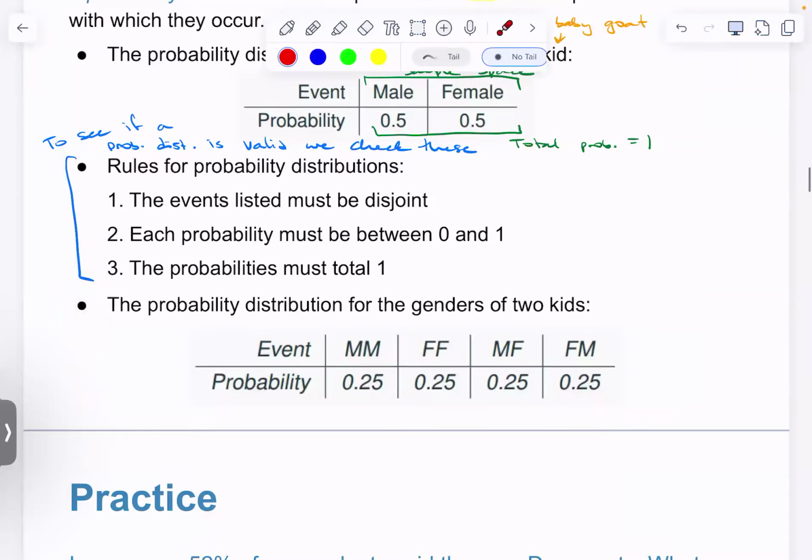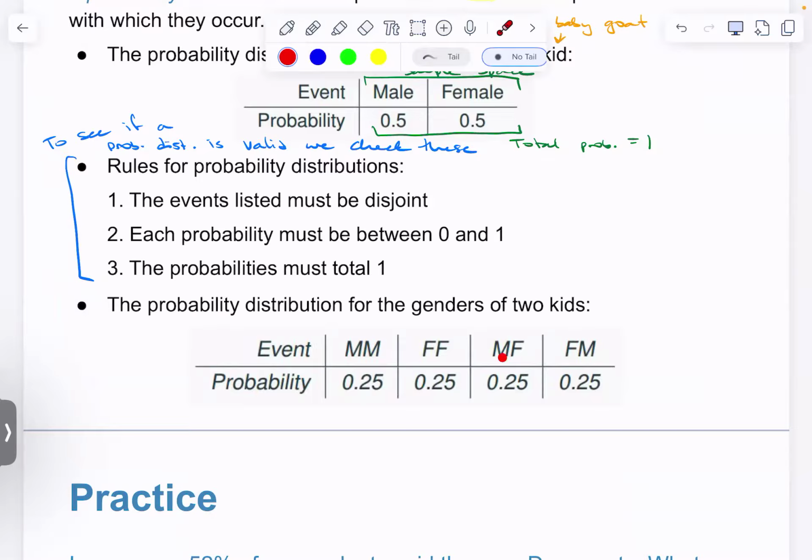We can even consider the probability distribution for the genders of 2 kids, 2 baby goats. We can have male, male, female, female. If we think about it, these baby goats aren't born at the exact same time, probably year 1, year 2, that kind of thing.